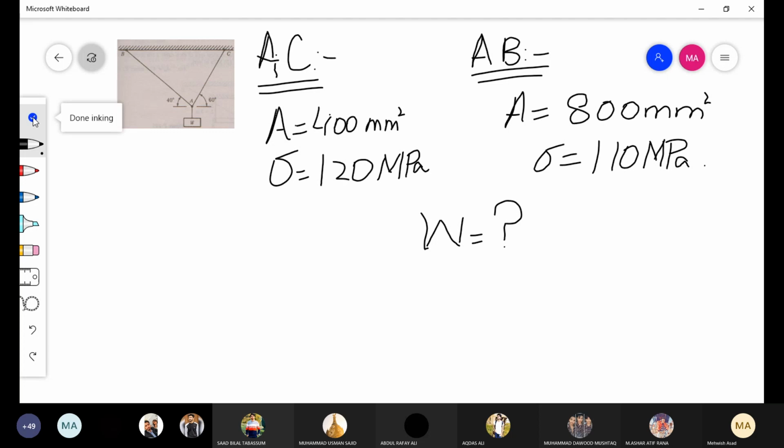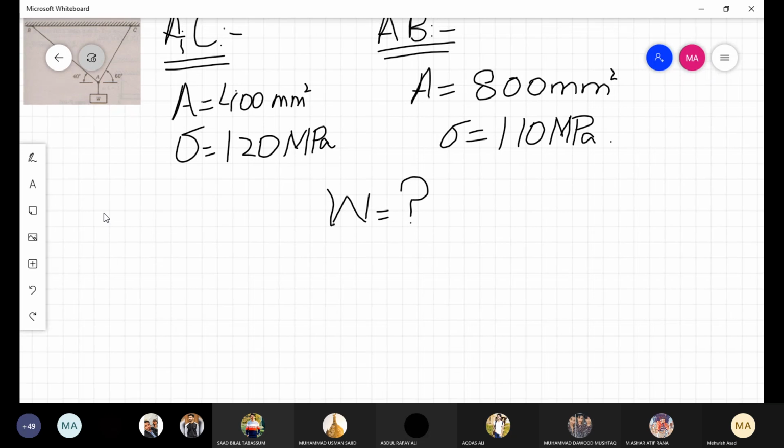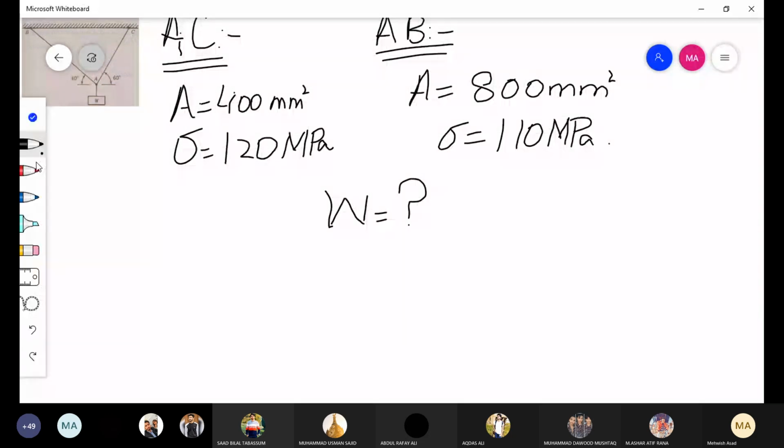So the first step will be to draw the free body diagram. So let's try to draw a free body diagram. Free body diagram is a sketch of an isolated member carrying all of the applied loading and of the unknown forces. Known and unknown forces की जो diagram है उसको हम free body diagram कहते हैं. So this is the AC segment.